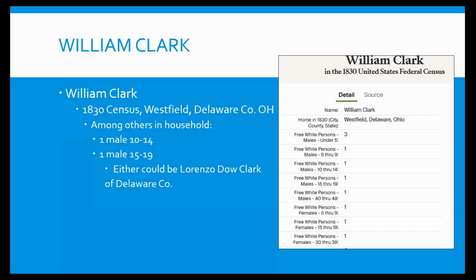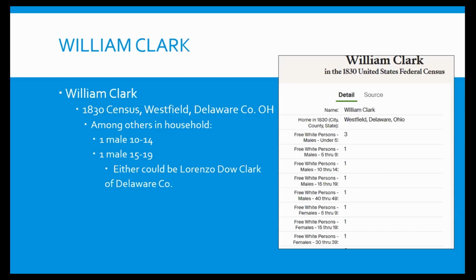So in 1830, 5 years before his death, we've got William Clark in Westfield Township. He is aged 40 to 49, and he's got a number of children in his household, including a number of male children. They're probably his own children. We've got a male 10 to 14, and we've got a male 15 to 19.